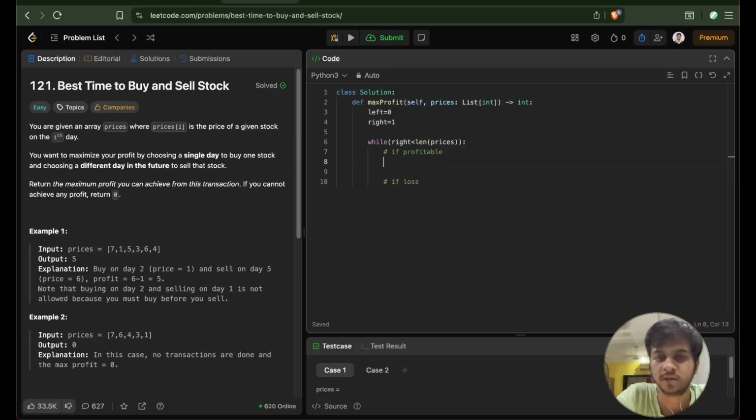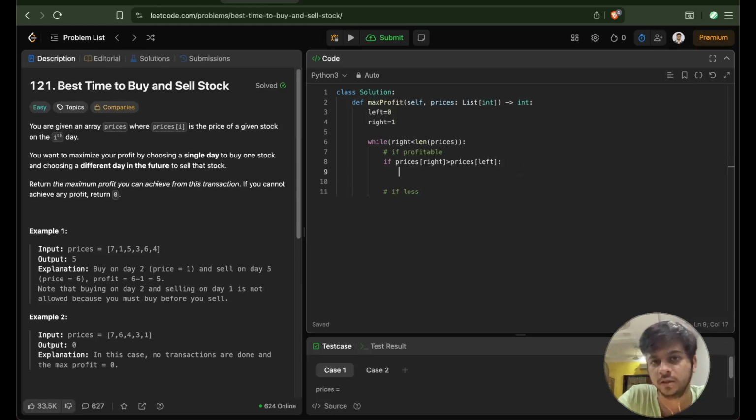So if it's profitable, in this case what happens is, how do we write this? If prices of right, which is the next day, is greater than prices of left, which is the previous day, then it will be a profit.